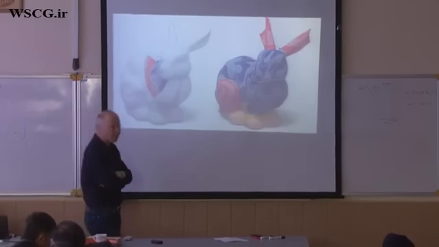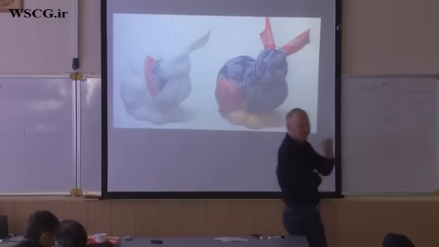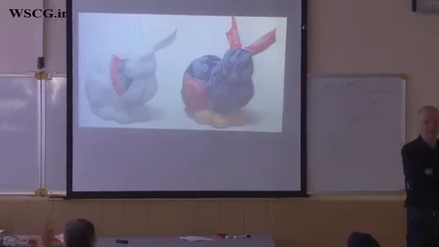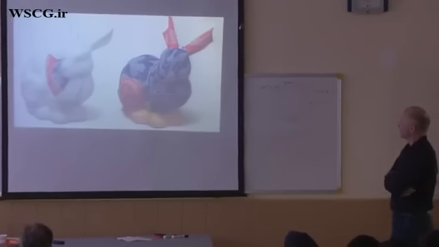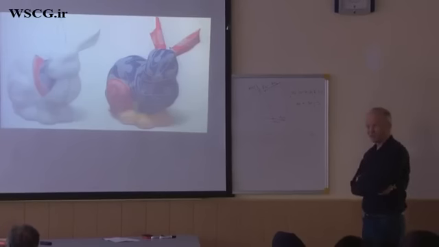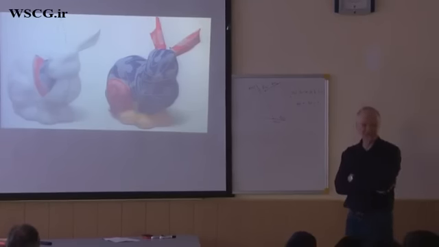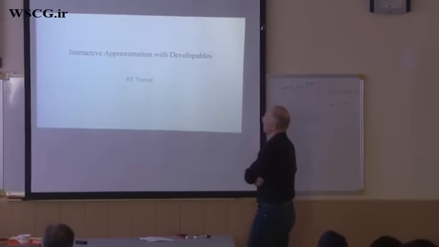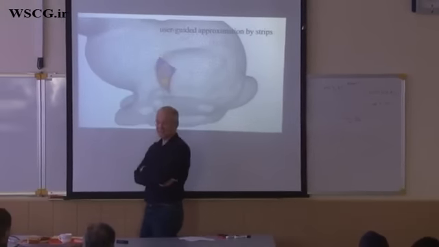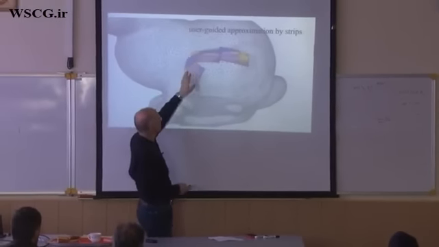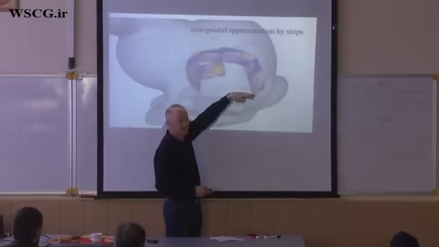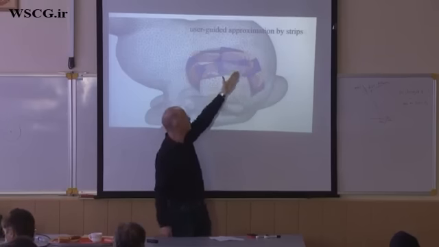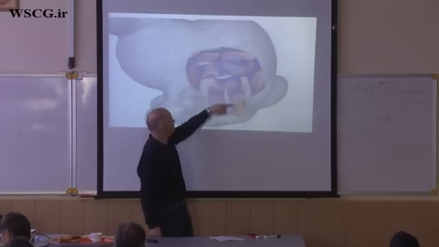Again, decomposition into strips. I show it to you guys who do this project. Of course, this is not an architectural model, but in computer graphics, the people really like this so-called Stanford bunny. And one can come up with a system that does the following. The user marks certain regions, and the system immediately computes an approximation. You see how fast this is?